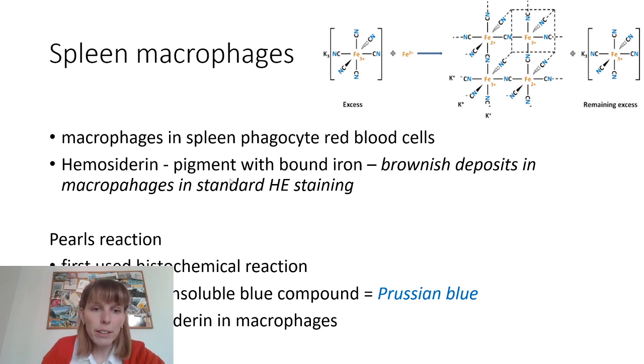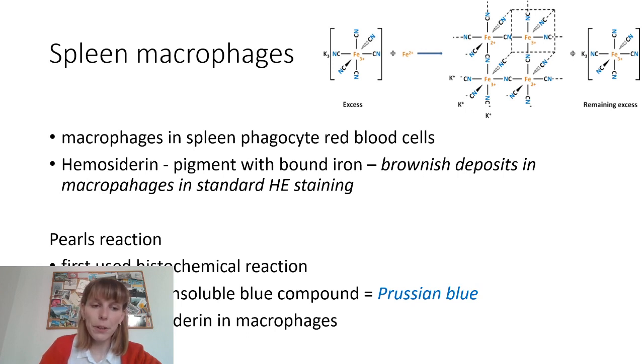So even in hematoxylin eosin staining, you could see the macrophages as sort of brownish. But if we want to see them really nicely, we can use the Pearl's reaction. In this reaction, something very complicated chemically happens.